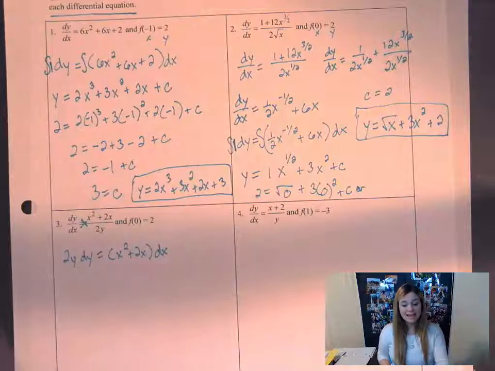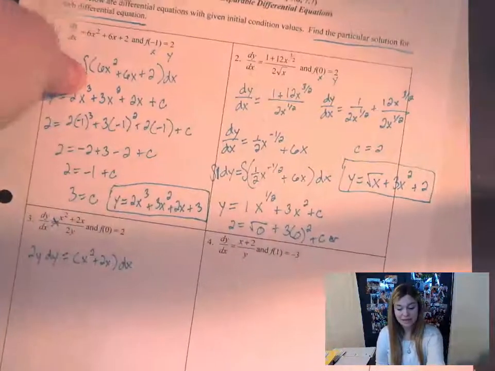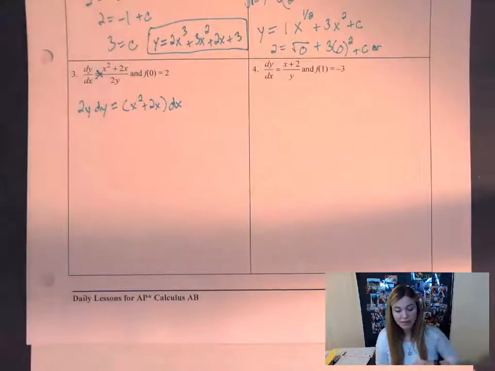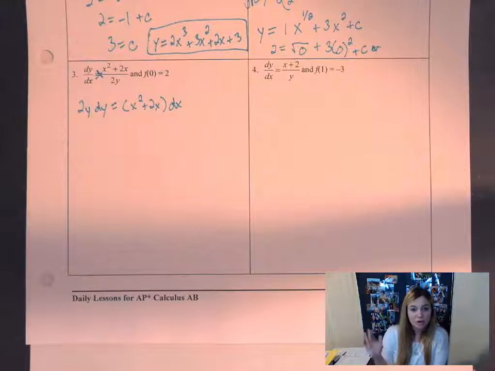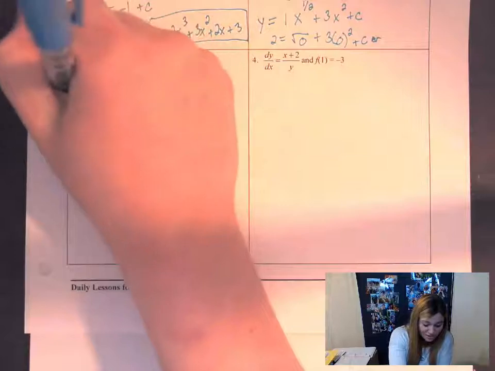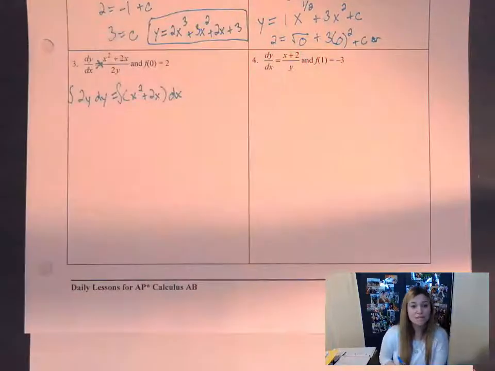So before I can integrate both sides, I need to make sure that I am getting all the y's on one side, all the x's on the other. Now, as long as I do the same thing on both sides of an equation, I'm good. Just like before, if you add something on one side, you have to do it to the other. Here, if I integrate on one side, I must integrate on the other side of the equation.